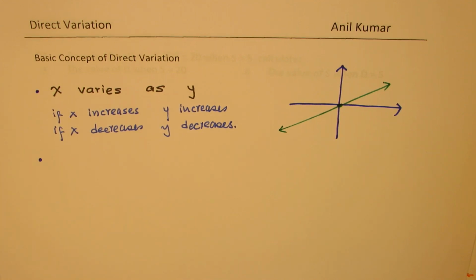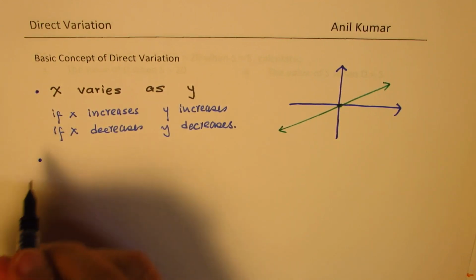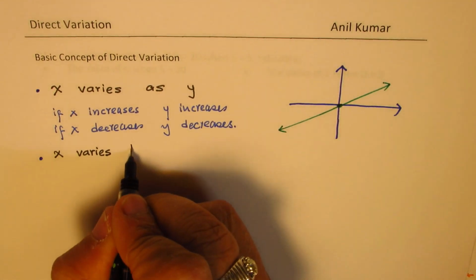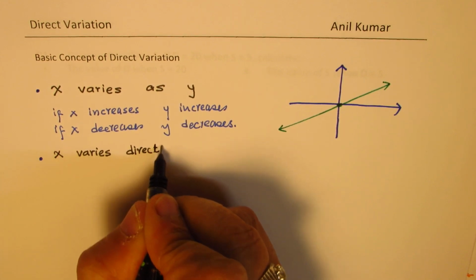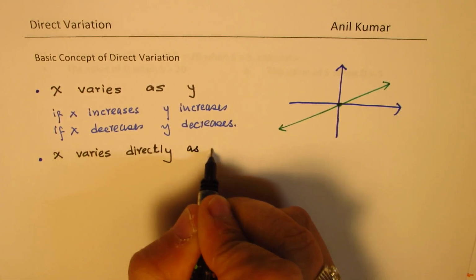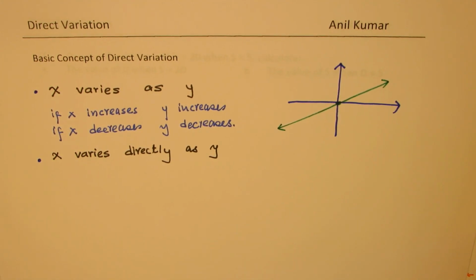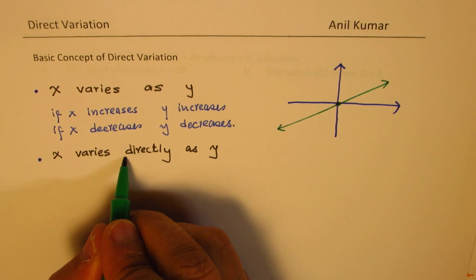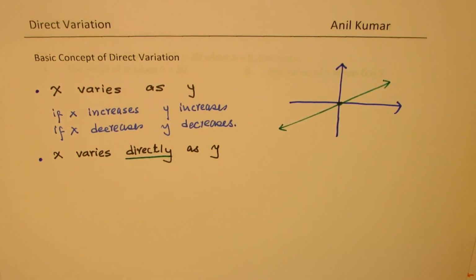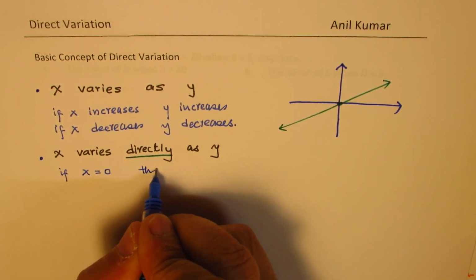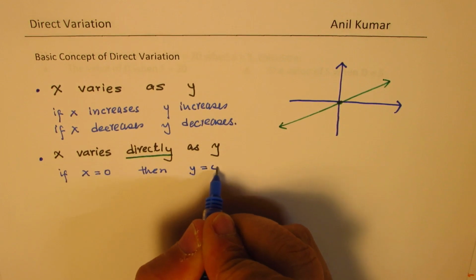We may also write, X varies directly as Y. Now, most of the time, if the word directly is introduced, it means that if X equals 0, then Y equals 0.